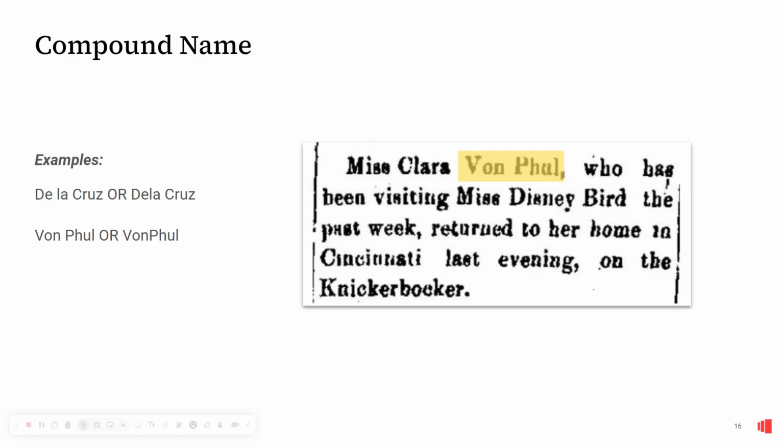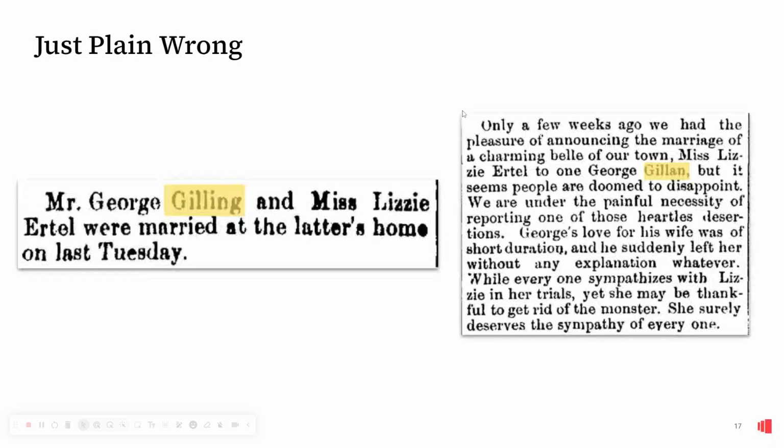Not only have I seen the Poel spelled multiple different ways, I've also seen it as is showing in this particular article, Von space Poel, but then I've also seen it Von Poel with no space. So if a name potentially was a compound name, think of it apart and think of it together, because those might be two different ways it's mentioned in newspapers.